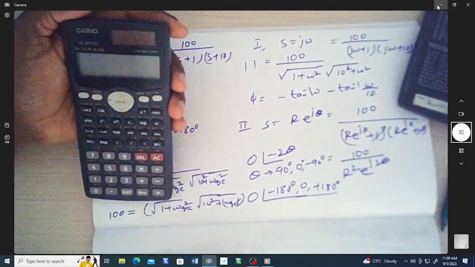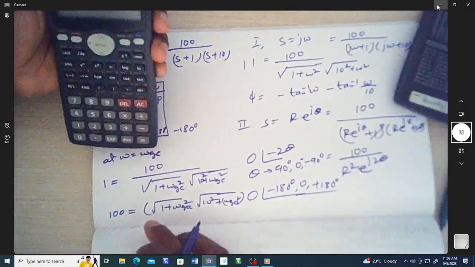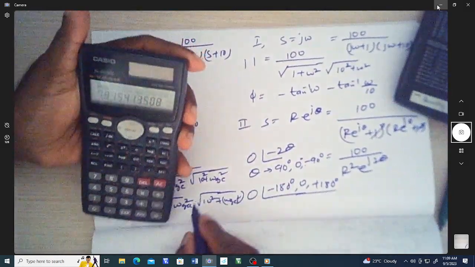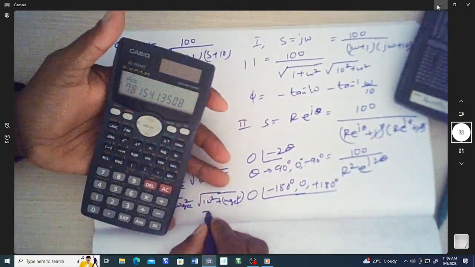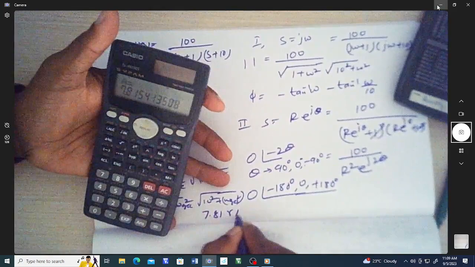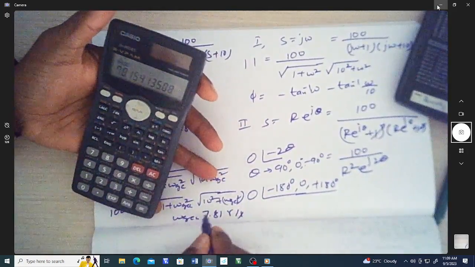Let me see what omega is. This will give me omega gc. So from this, omega gc is 7.81 radian per second.